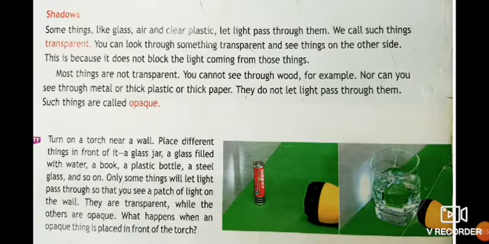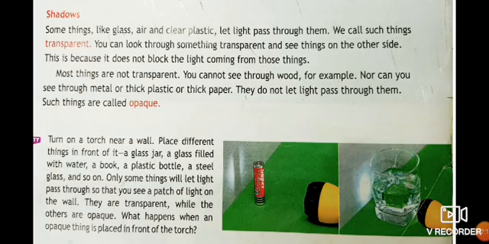Next, we'll see what shadows are. Some things like glass, air and clear plastic let light pass through them. We call such things transparent.